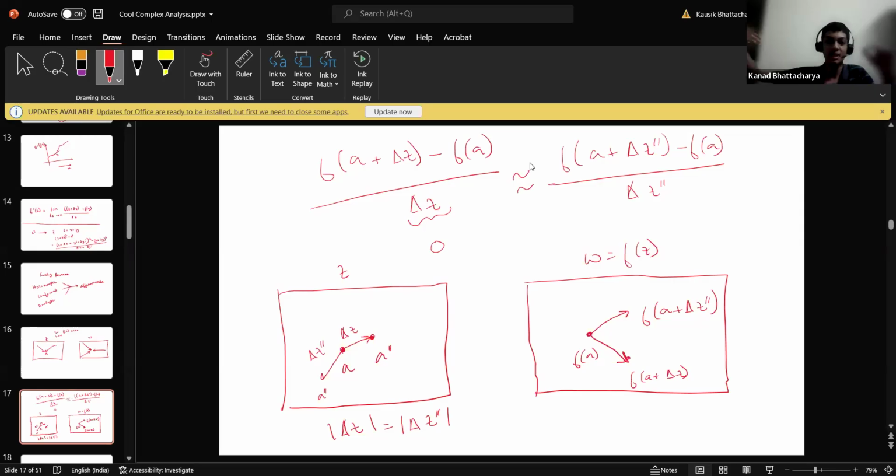Just imagine that as we are sending delta z and delta z double dash closer to 0, that is basically a dash and a double dash closer to a with the same radius. So this length and this length are equal, and as we keep on decreasing this length, we are looking at these ratios basically.